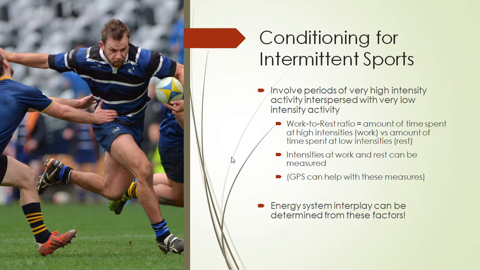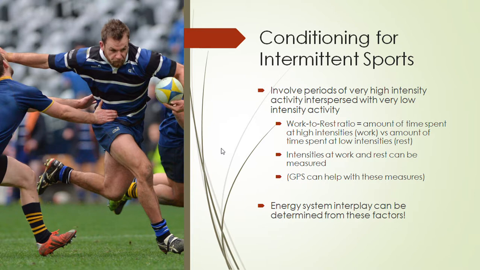And when we get that work to rest ratio, we can also determine how intense both of those activities are, the work and the rest. So is the work while we're playing a rugby game maximal intensity? And we can measure that in a few different ways. And then is that rest when we're not doing our high intensity work? Is that walking?